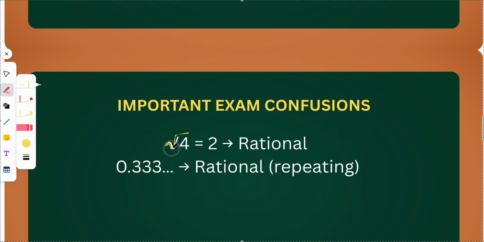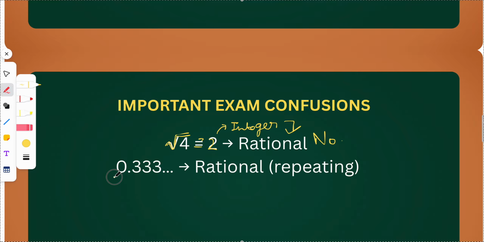Root 4 is a perfect square, and the square root of 4 is 2. 2 is an integer, and integers we have studied earlier are basically rational numbers. Got it? You should not be making these sorts of mistakes now.